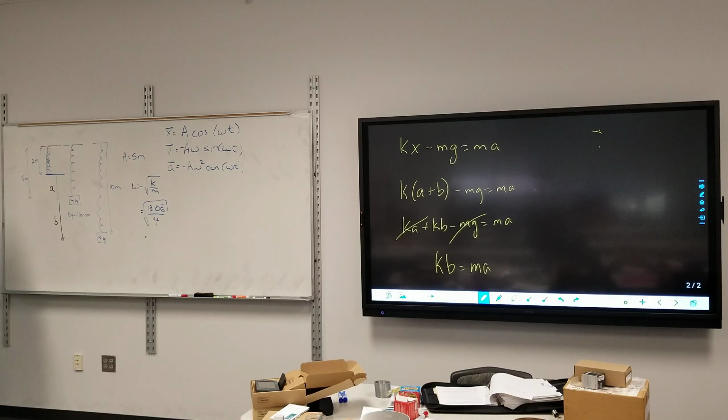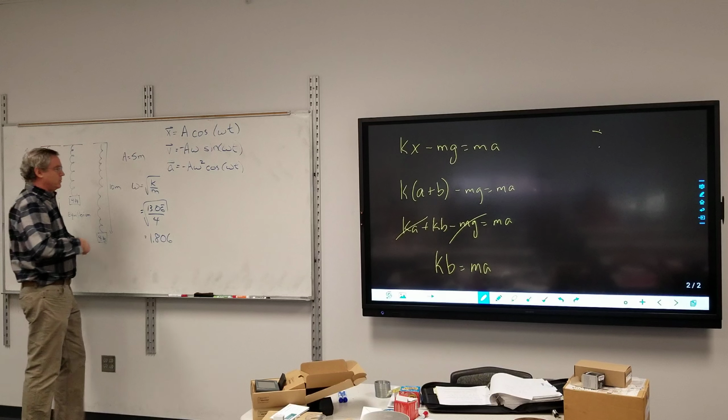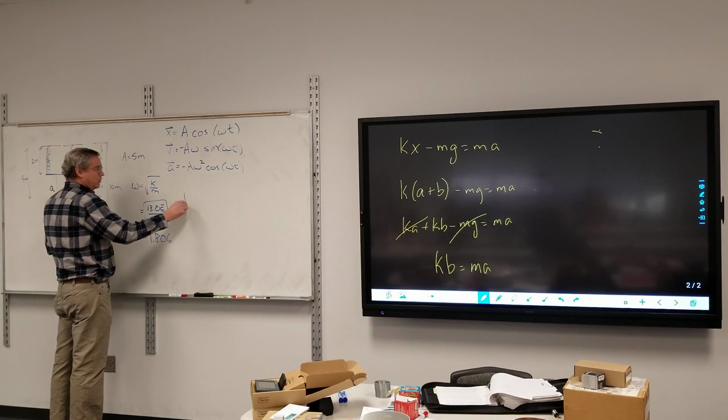Units? Newton meters? No. Dividing. All right, so this would be the square root of a Newton per meter over kilograms.